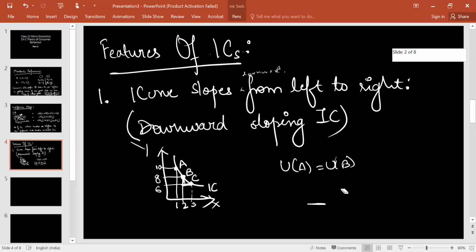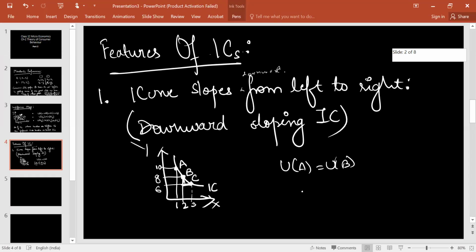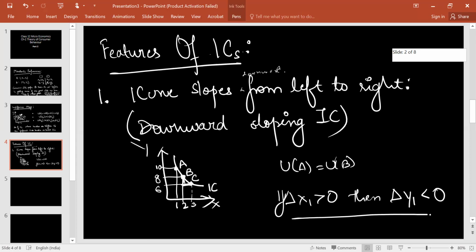So basically, if delta x1 is greater than 0, then delta y1 must be less than 0. Right. That is why the indifference curve is downward sloping.